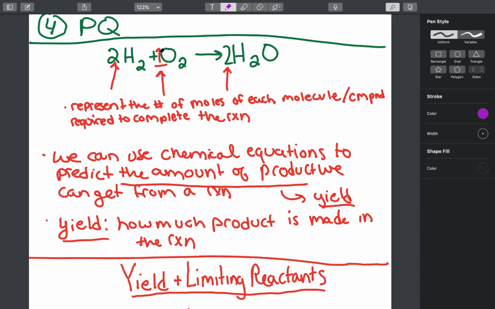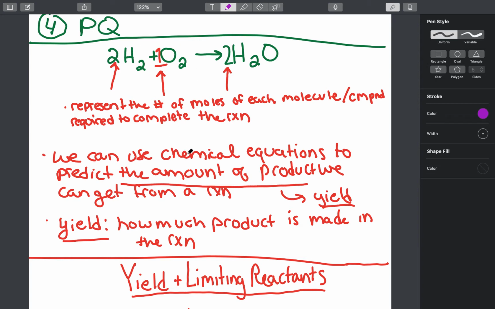And these number coefficients correspond to the number of moles of each molecular compound that is required to complete the reaction. So for example, in this reaction here, you have 2 moles of H2 reacts with 1 mole of oxygen gas to form 2 moles of H2O. So these different numbers in front of the different molecules and compounds here represent the number of moles of each molecule or compound.